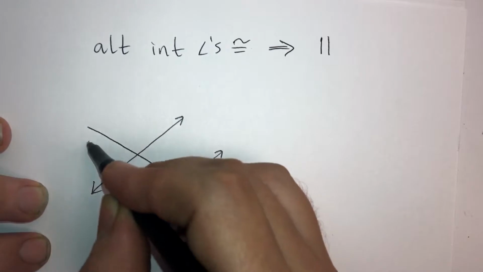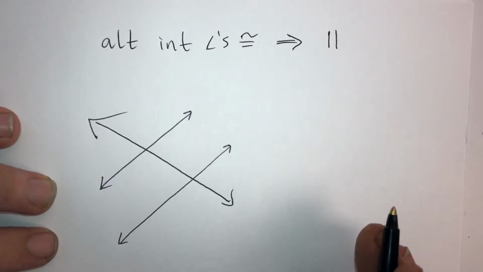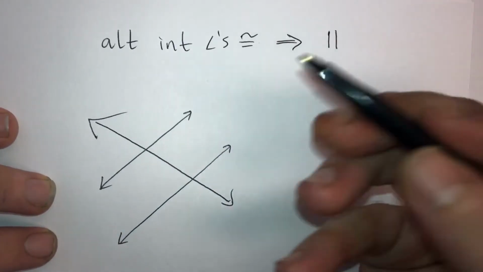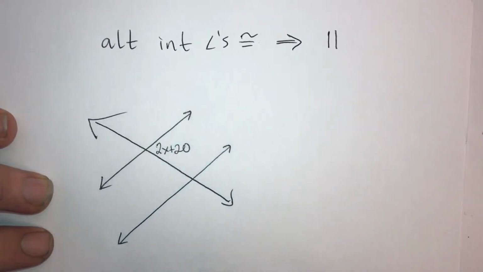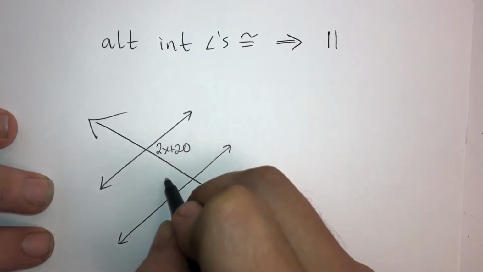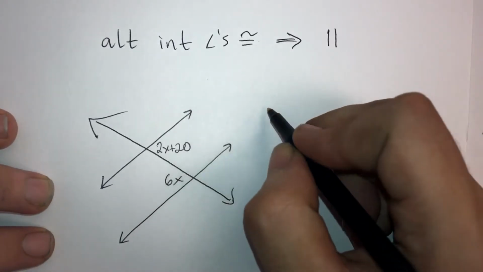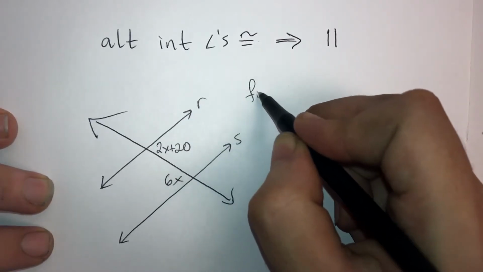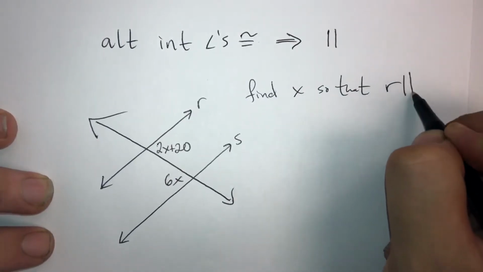Here you go, there's a transversal, and we have a couple angles. Let's say we know that this angle has a measure of 2x plus 20, and this angle has a measure of 6x. Okay, we're going to be asked again, find the value of x that makes, we'll do r and s this time, find x so that r is parallel to s.